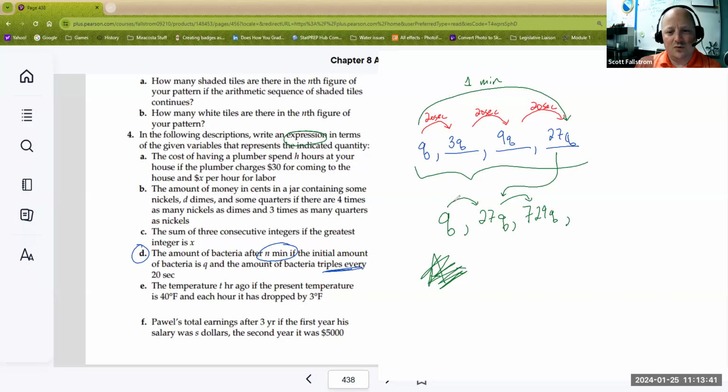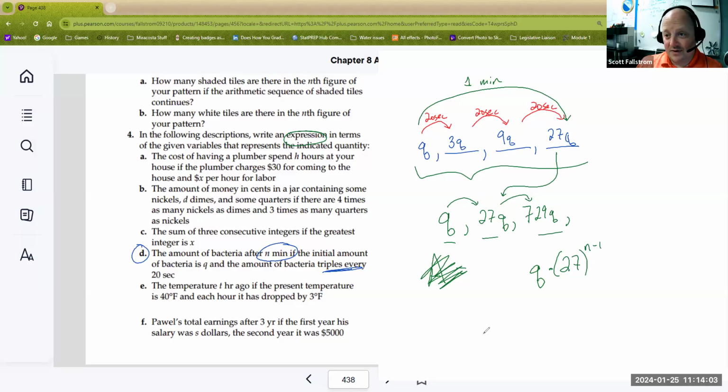So after 1 minute, I'd have this. After 2 minutes, I'd have this. So the terms here would be: start with Q, because that's my first term, times 27, which is my common ratio, raised to the n minus 1.